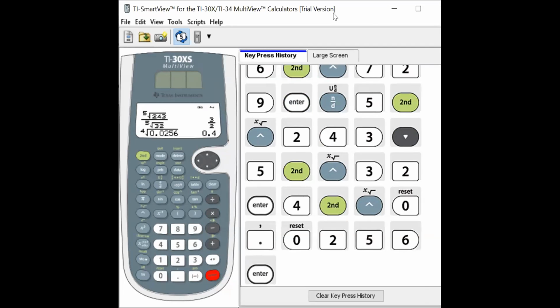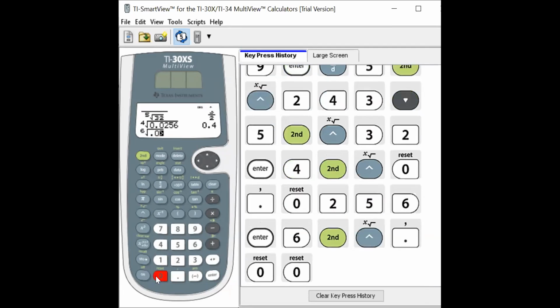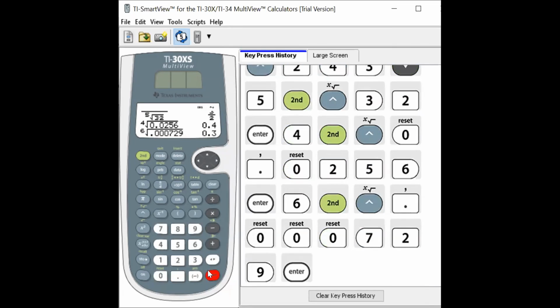Sixth root of 0.000729 is 0.3. Then the next is negative 0.01. If you put that in the calculator, you're going to get that. It's going to take more time for that.